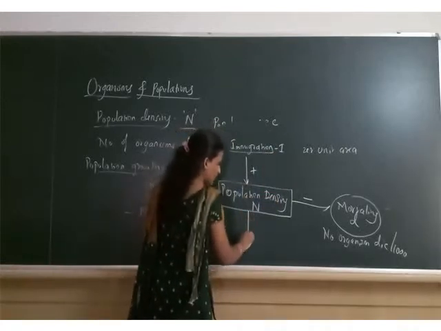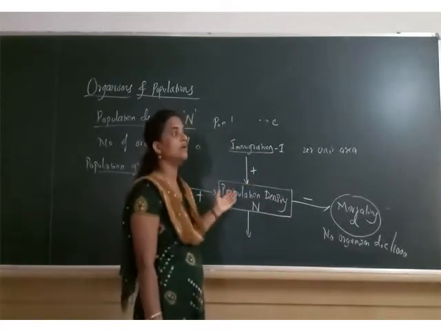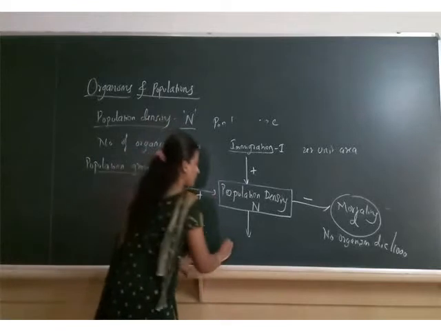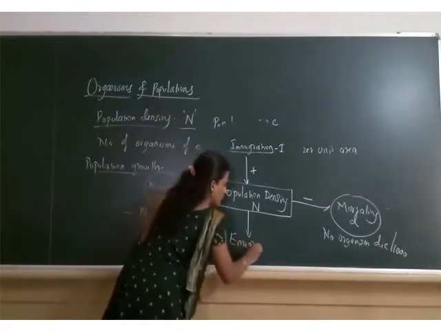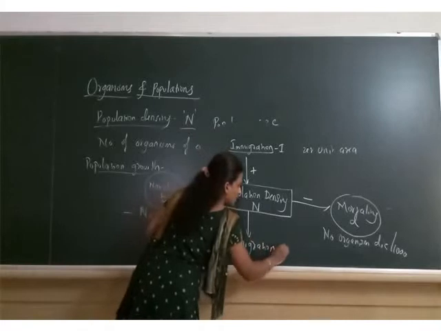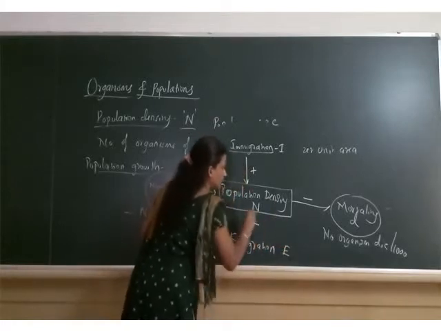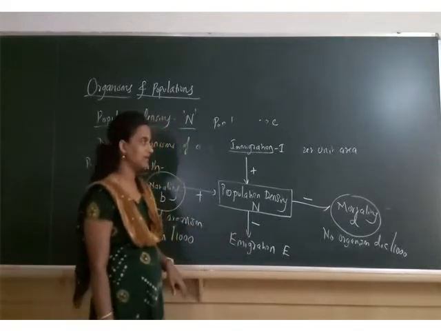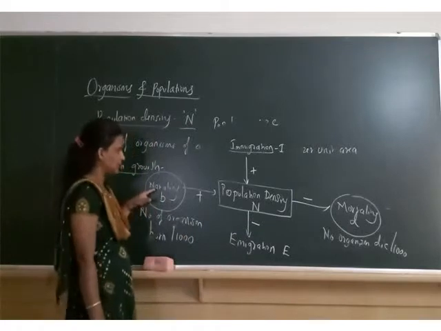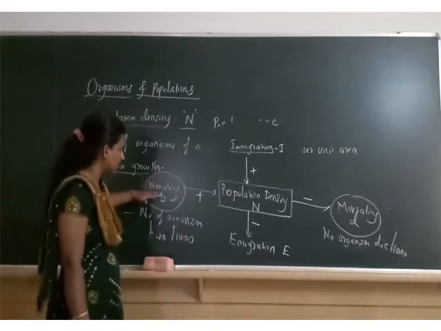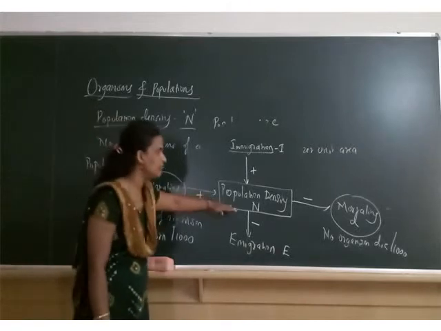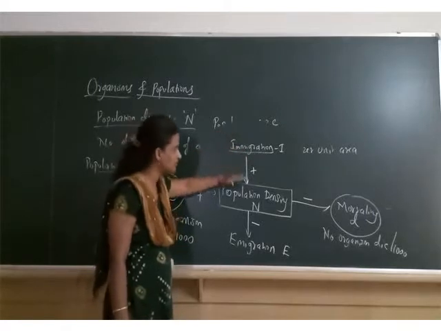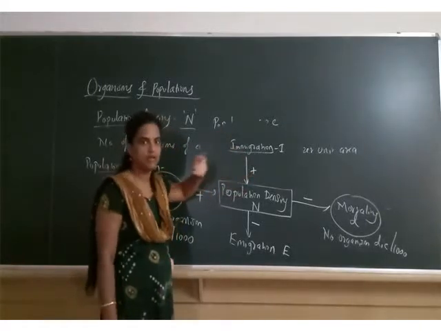And some more organisms are going outside, out of the country. That is called emigration, represented by capital E, and here they decrease the number of organisms, so it is represented by minus. So see here, in population density, natality means birth rate adds organisms, and new organisms from outside are also added, so both are positive.